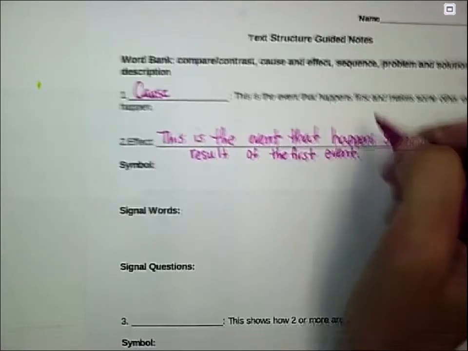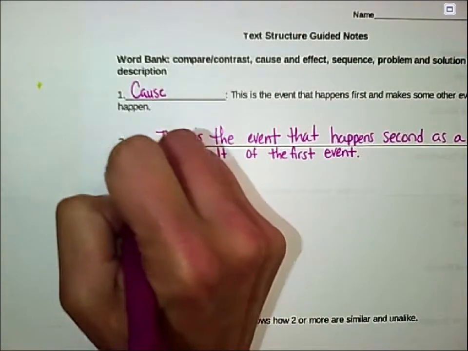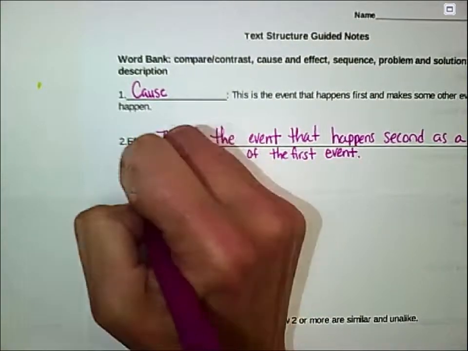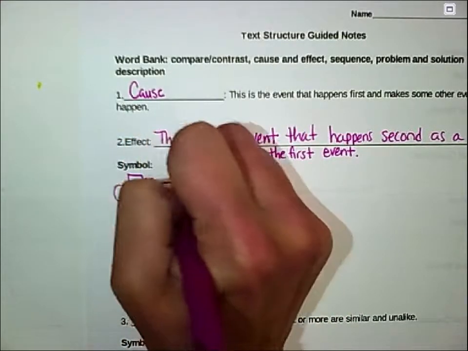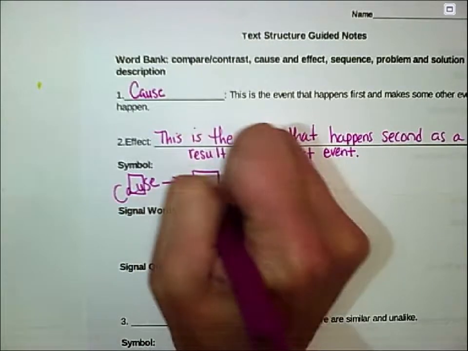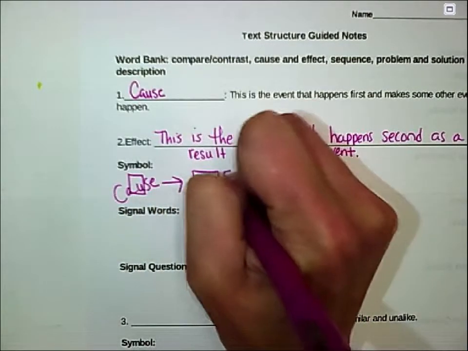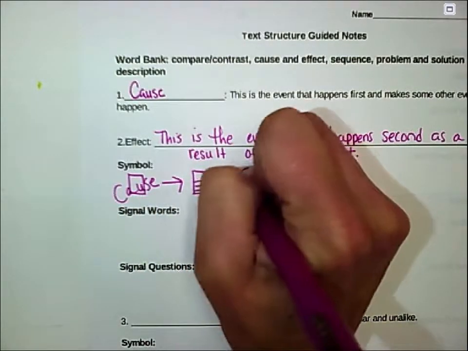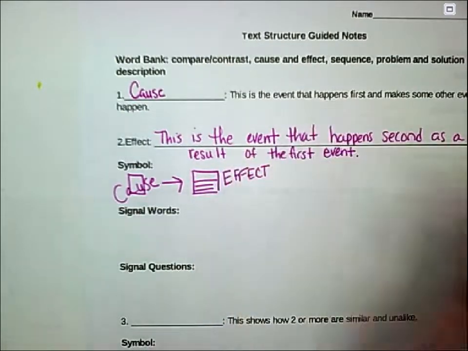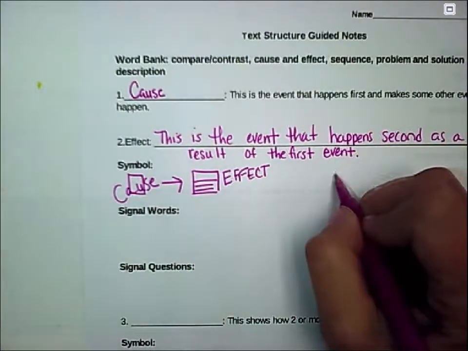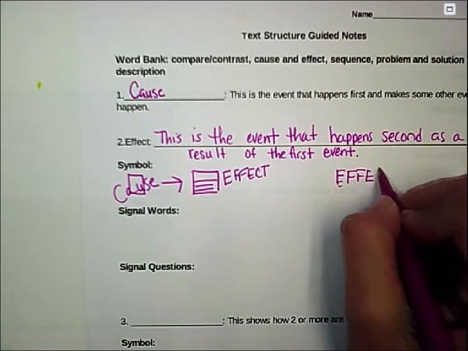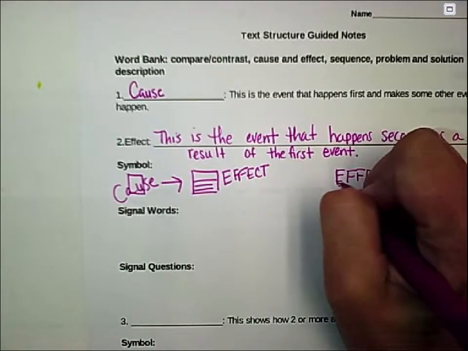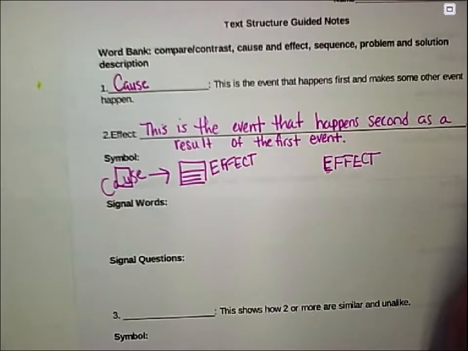And our symbol is going to be, we're going to make a box and we'll say cause, and we're going to draw a line and this is our effect. Or we could have the effect, sorry for my lack of neatness kind of.